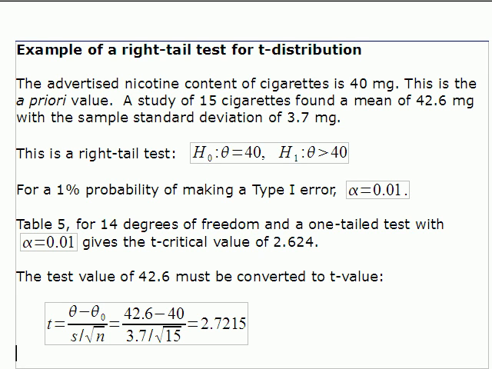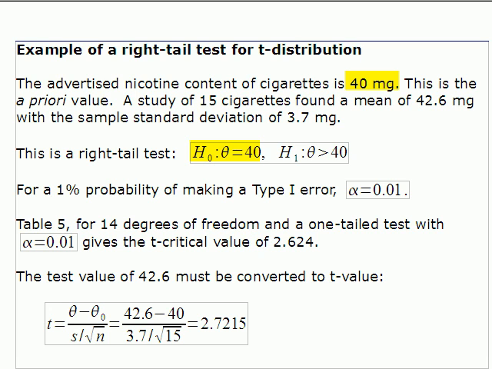And here's an example for a right-tailed test for the t-distribution. In this case, we're looking at the advertised nicotine content of cigarettes, and it was advertised at 40 milligrams. We're going to take that as the null hypothesis, that the nicotine content in cigarettes is 40 milligrams.